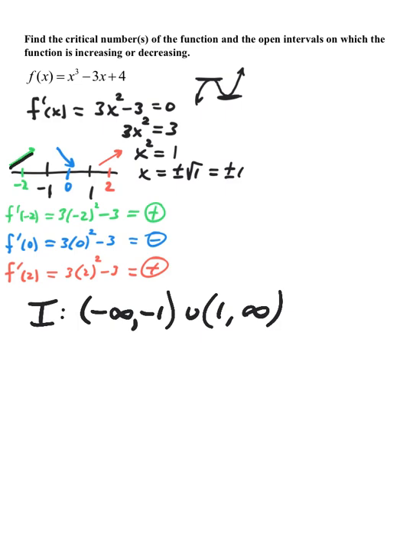That is these two. And then the middle area or interval, we had a negative rate of change, so that means our function decreases between the critical numbers.